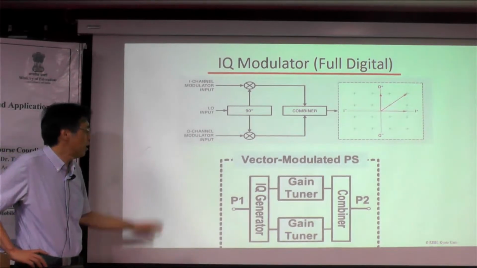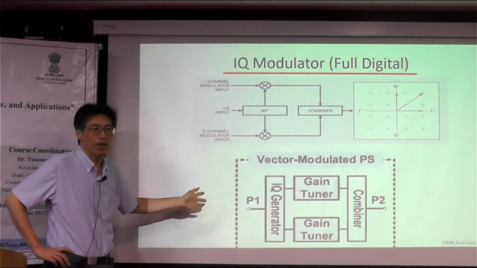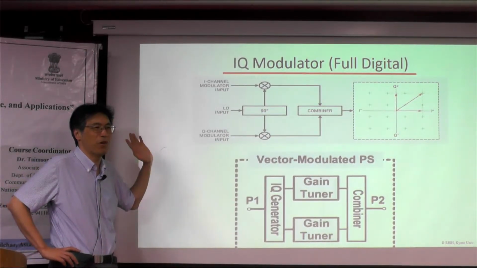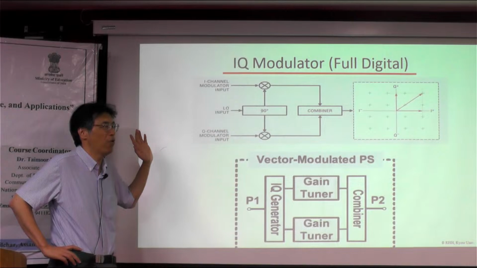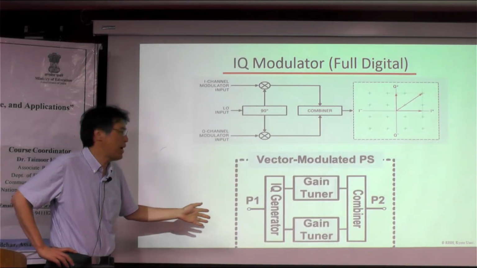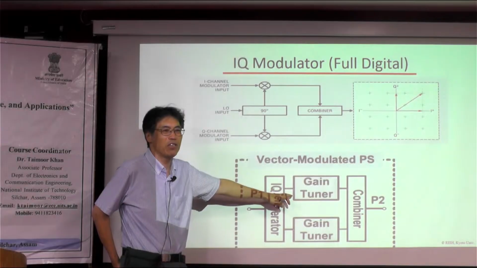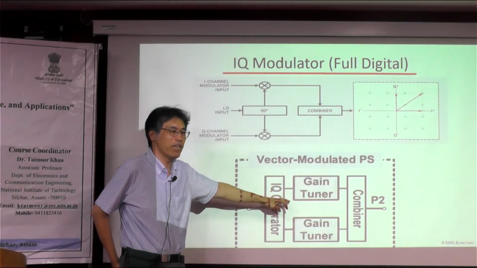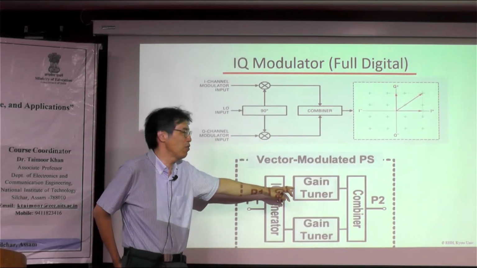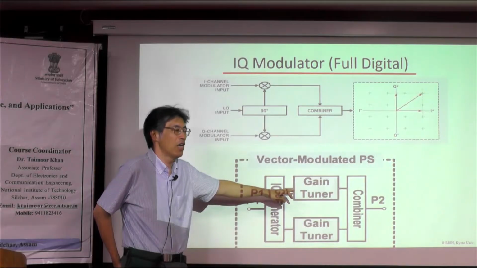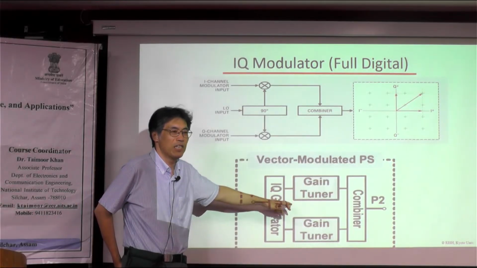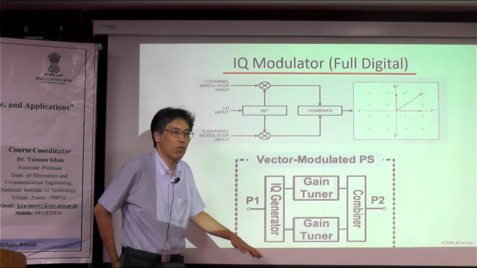But for wireless communication, it's a very simple, very low cost and very good phase shifter. But there is a problem: the gain tuner. Usually it's not an active gain tuner, it's a passive gain tuner, which just decreases the power only.